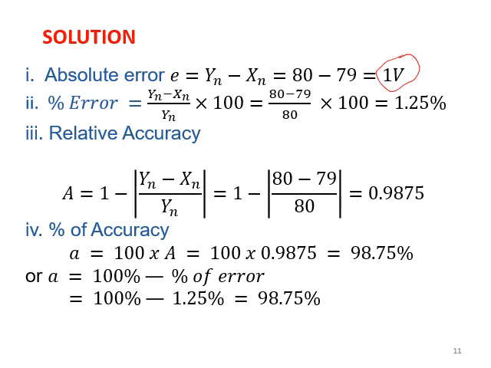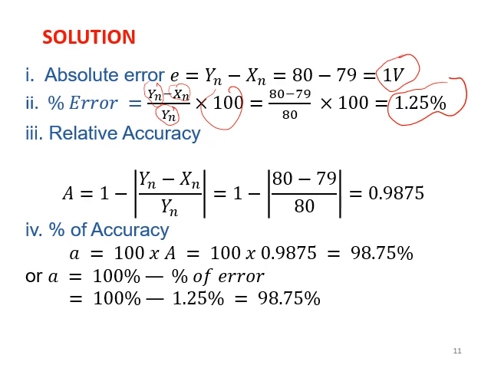To get the percentage of error, it's the absolute of yn minus xn over yn, multiplied by 100%. We are getting 1.25%. So this is the percentage of error.